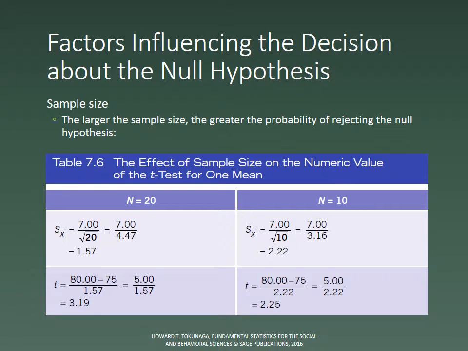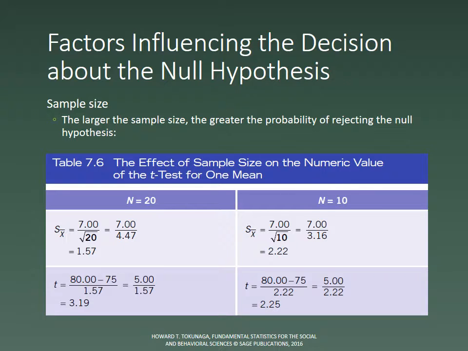There are a few factors that influence the decision about the null hypothesis. One is sample size. The larger our sample, the greater the probability of rejecting the null hypothesis, which is shown in this little table here. When we have a sample size of 20, we do our math to find this t-score. We get a t-score, which is very similar to the z-score, so think of them as the same, of 3.19.